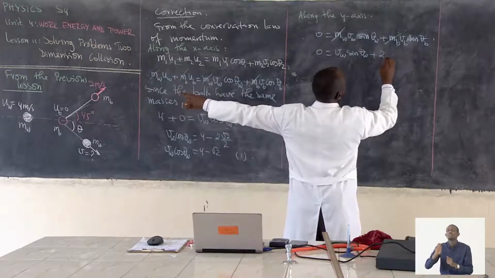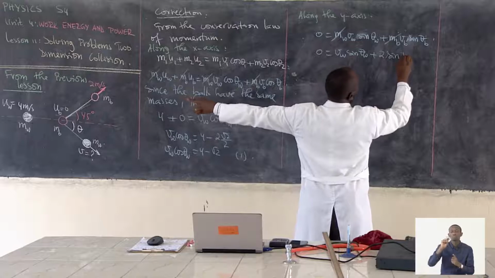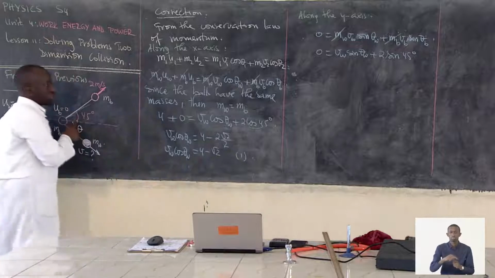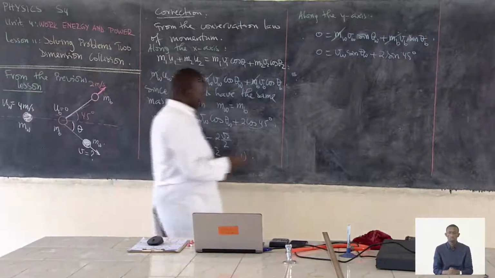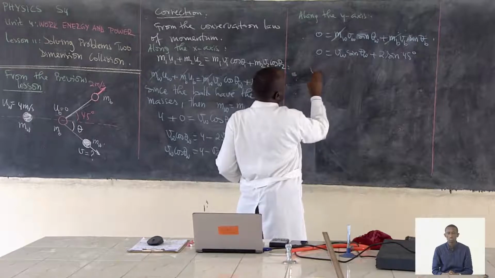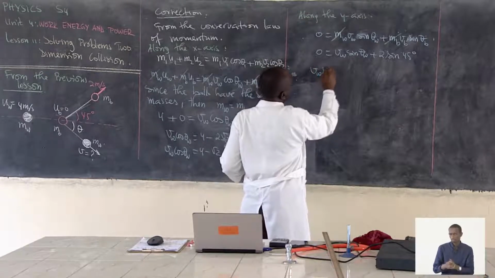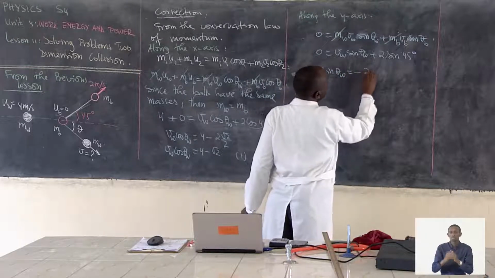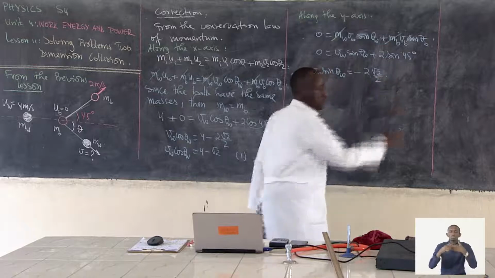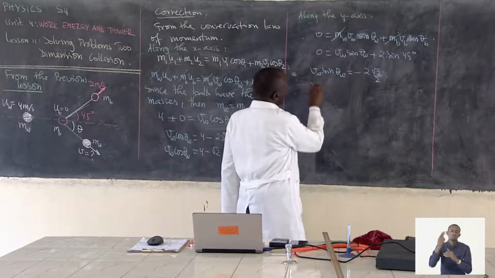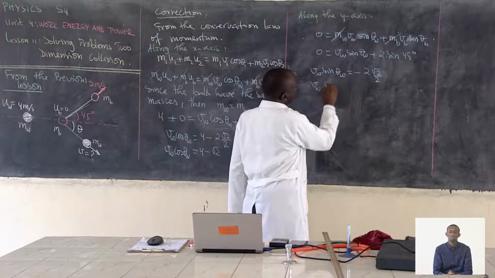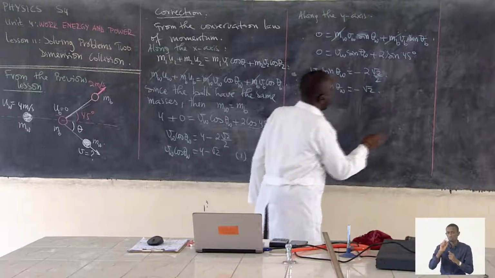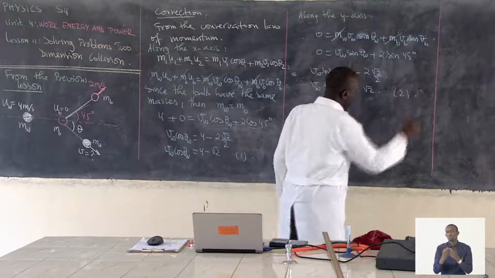We have a 2 then sine 45, that is the angle that we have from this direction. And we can find that V of the white sine theta equals minus 2 square root 2 over 2. And then we end up with V of the white sine theta equals minus square root 2. And this is equation 2.